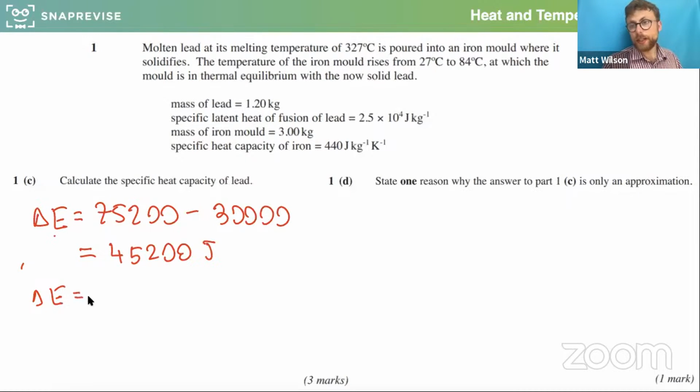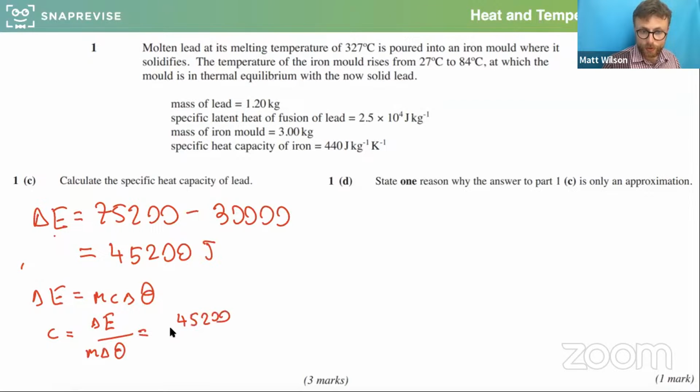Okay, good. Now we can calculate specific heat capacity. Remember, change in energy is mass times specific heat capacity times change in temperature. So specific heat capacity is change in energy over the mass times the change in temperature. The change in energy is 45200.